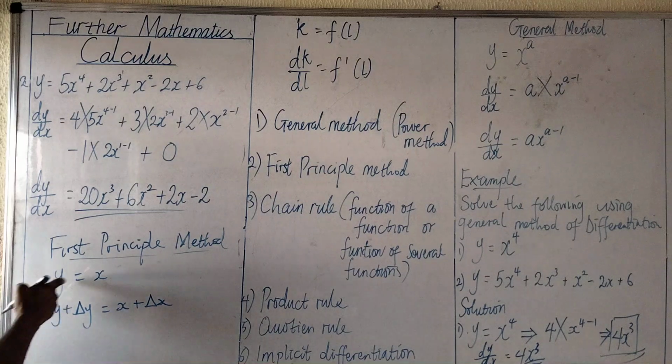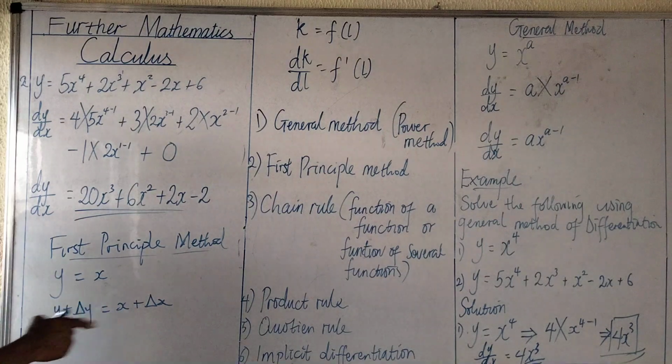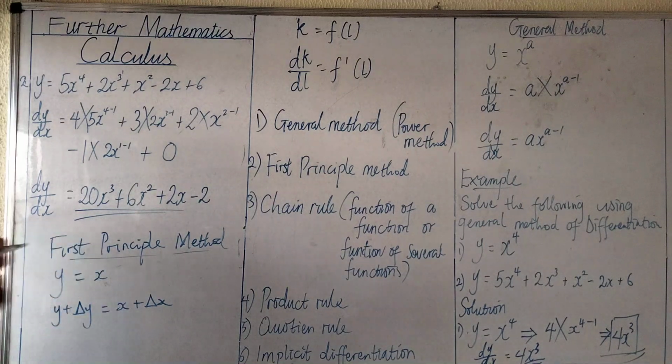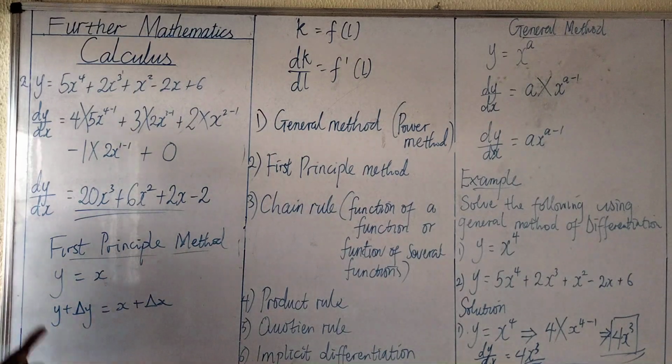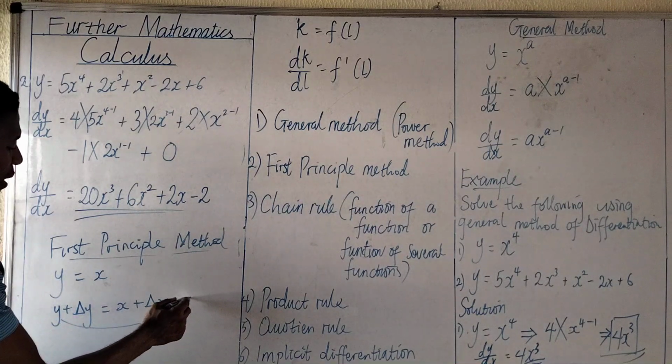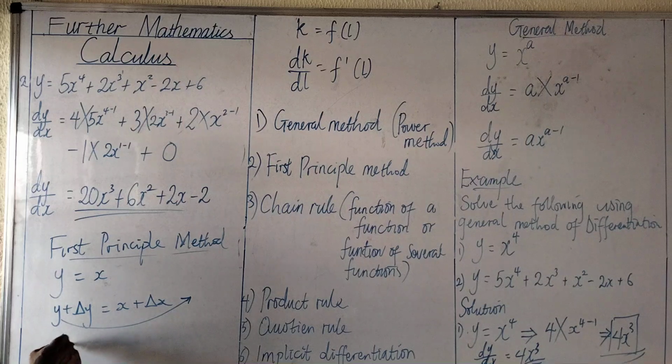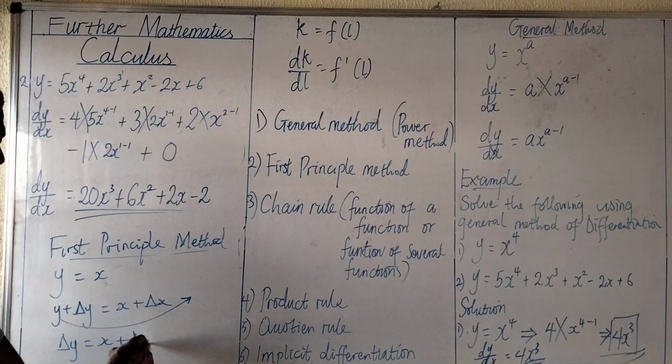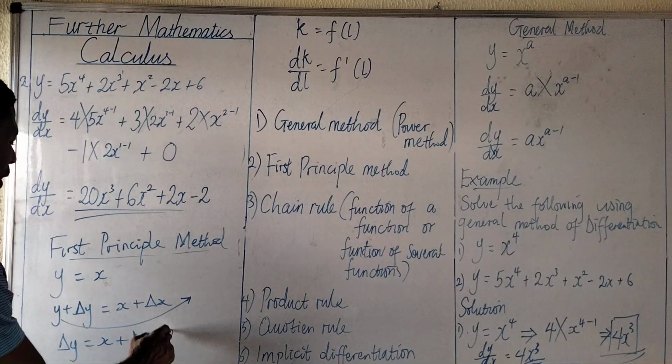Let's use the first principle method and know if it will give us 1. Having known that differentiation of this gives us 1, let's use the first principle method. Remember that I said the idea behind the first principle method is to add changing y to y and to add changing x to x. Having done this, we transpose this over here. We are going to get change in y equal to x plus change in x minus y.